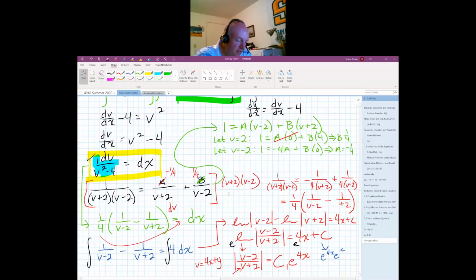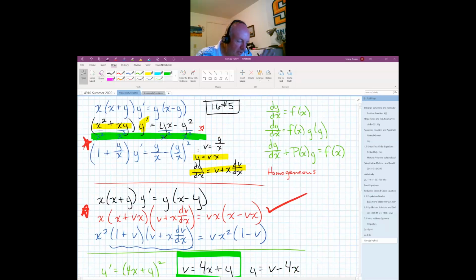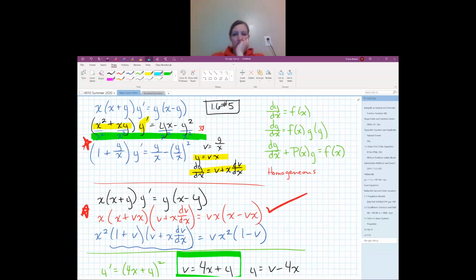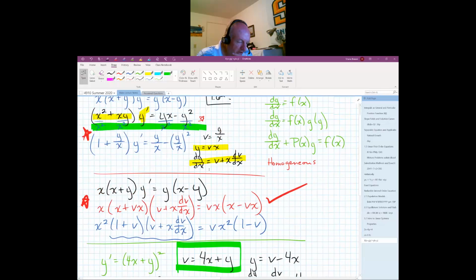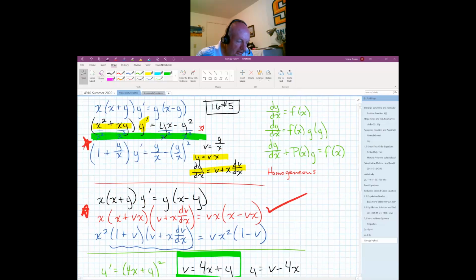All right, so the point of that one, again, just to remind you why we did that, is because we've seen one clear homogeneous equation. The first one was clearly a homogeneous equation.